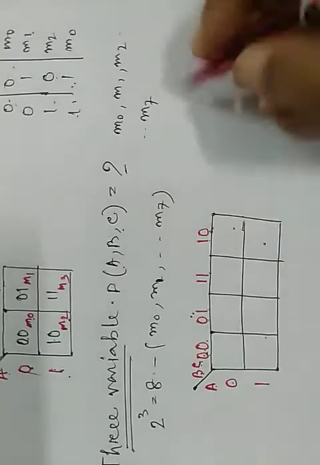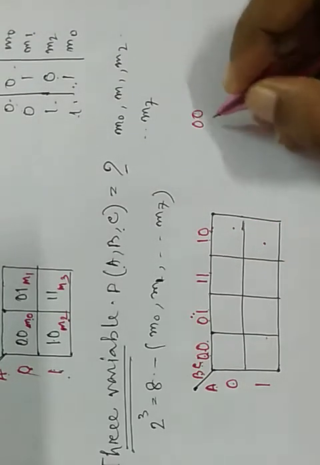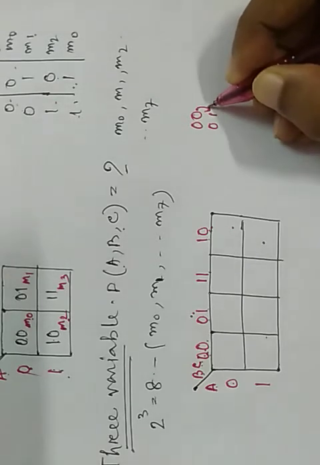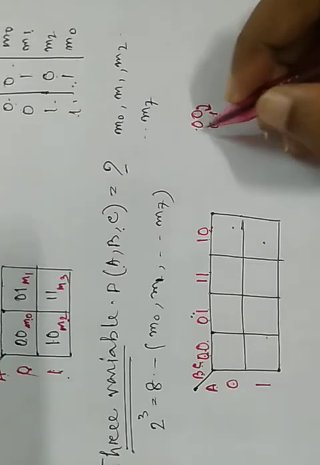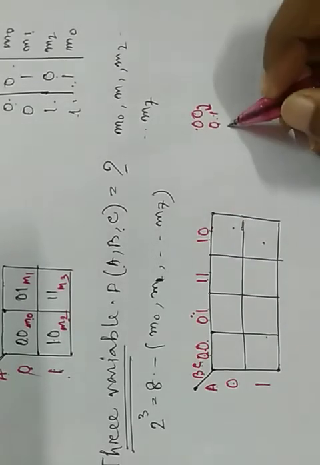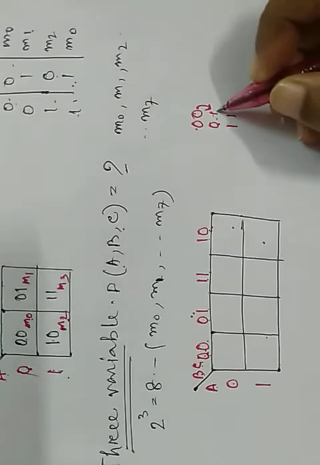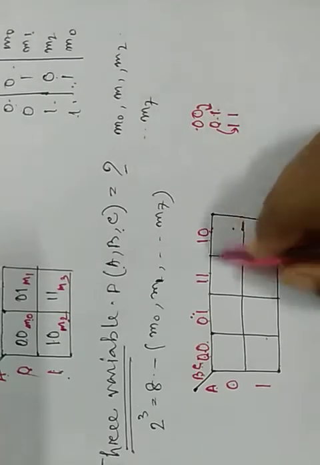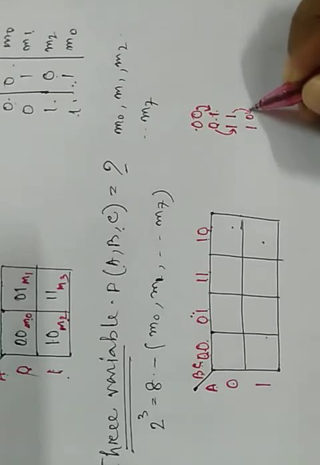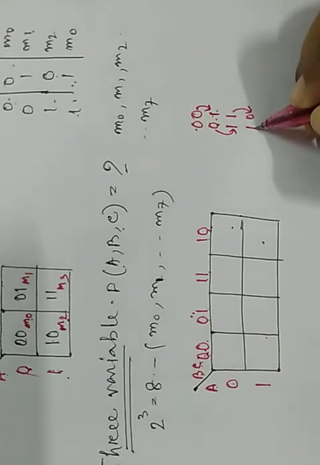You can see the first is 0 0, the second is 0 1, that means this bit is changed, 1 bit change, and this stays the same. Then 1 1 means this is changed but this value remains the same. And then 1 0 means this bit changes and this remains the same.